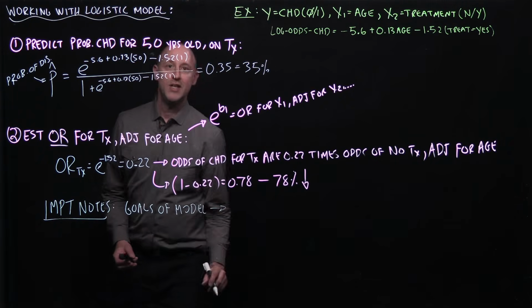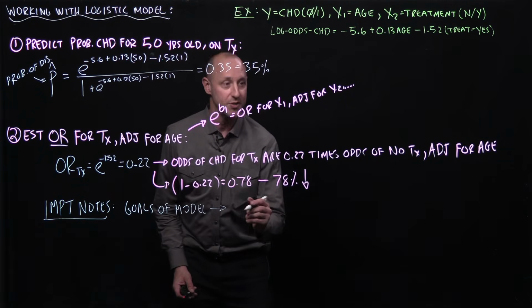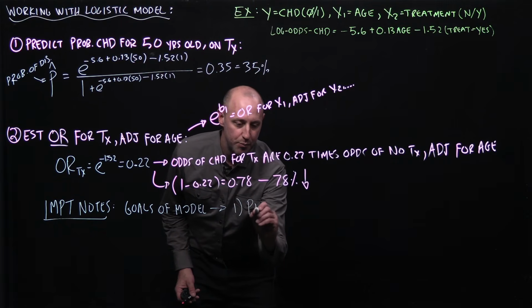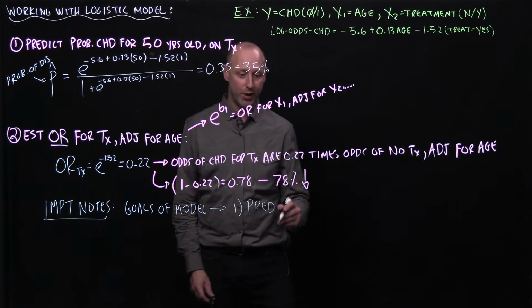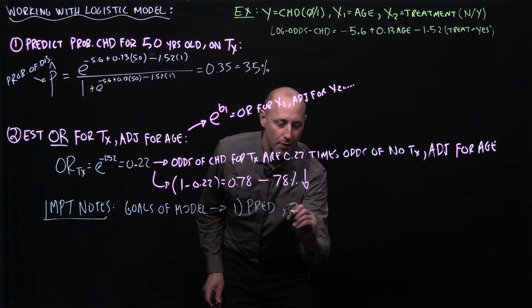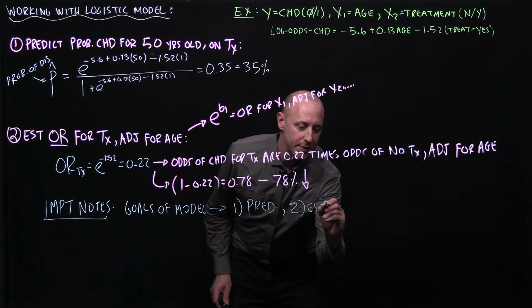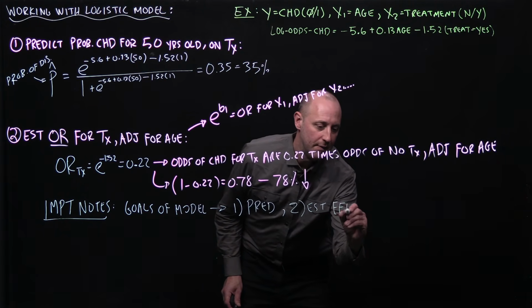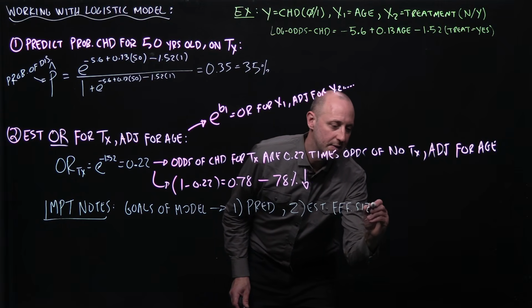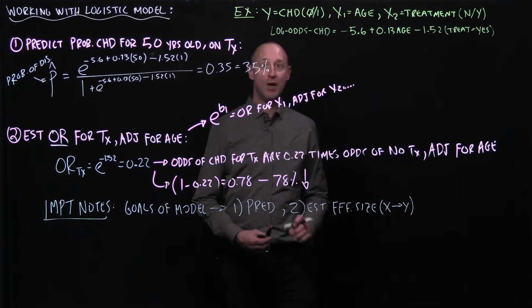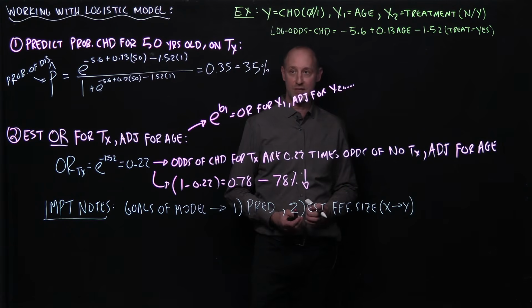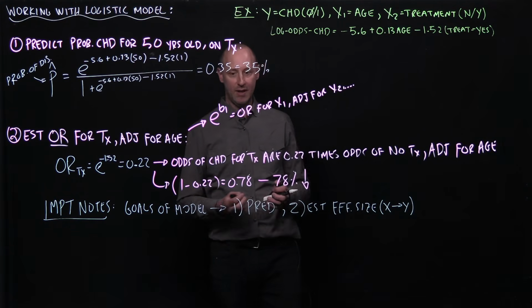We learned that in general, we can use regression models to try and make predictions, to try and predict the probability of coronary heart disease, or to estimate effect sizes. What effect does X have on Y? What effect does treatment have on the risk of CHD? Does it decrease it?